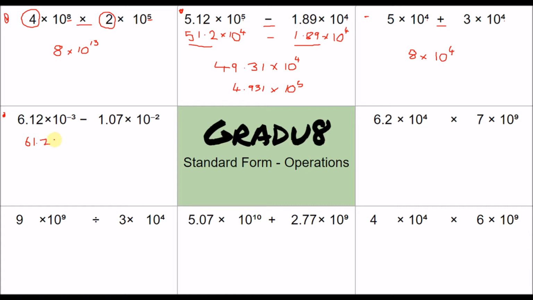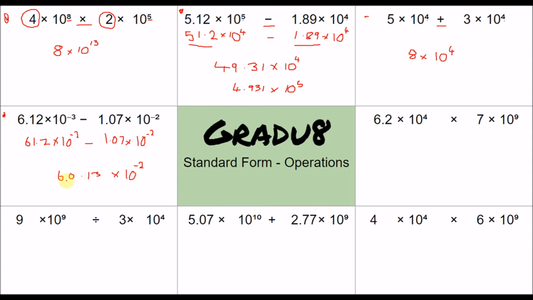So that's there times, and I'm going to do times 10 to the negative 2. And I'm going to take away 1.07 times 10 to the negative 2. Okay, so now I've done that, I've made it a normal subtract question. I'm going to do subtract, and I get 60.13 times 10 to the negative 2.